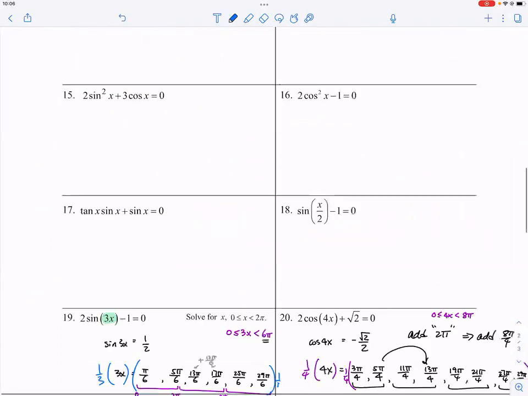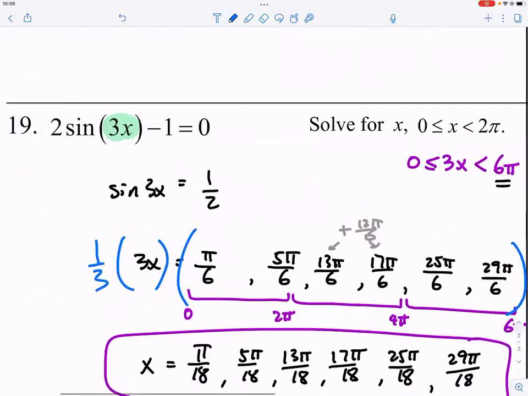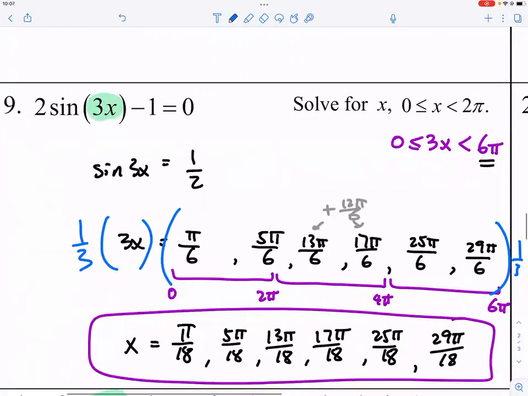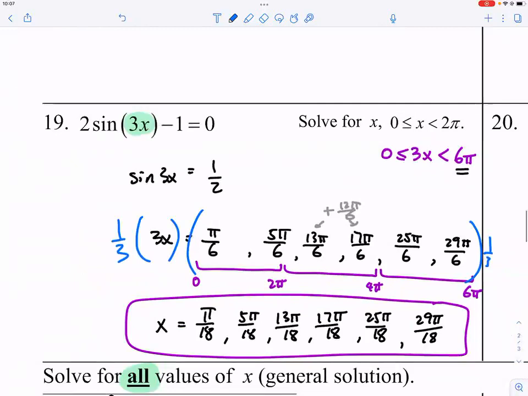Okay. And then the second last one is that you have not x, but something other than x. You can have 3x or 4x. If that's the case, make sure that you adjust your domain accordingly. And then as you find your values for 3x, make sure you make a list of them.